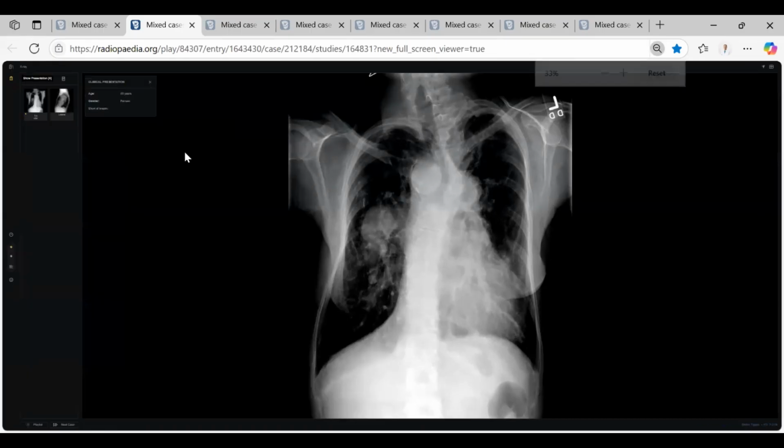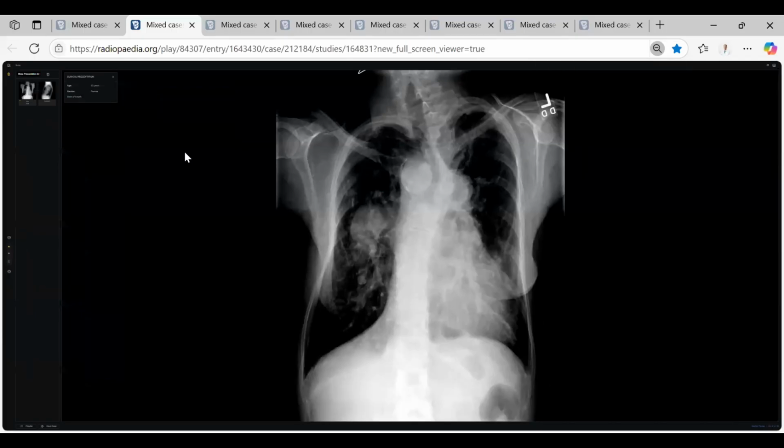A 65-year-old female patient complaining of dyspnea. Go on, doctor. Here I am presented with the chest X-ray of a 65-year-old female patient who presented with dyspnea. Bilateral lungs look hyperinflated. And there is a well-defined rounded soft tissue density area noted in the right mid-zone. The lower border of the lesion is not clearly seen.